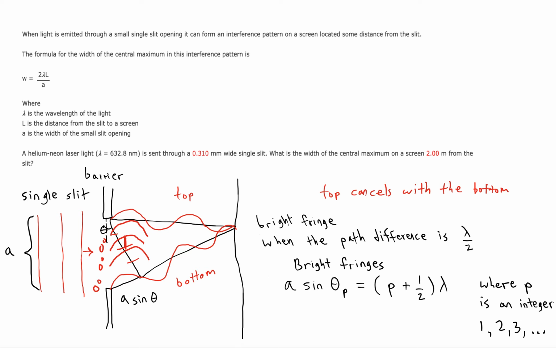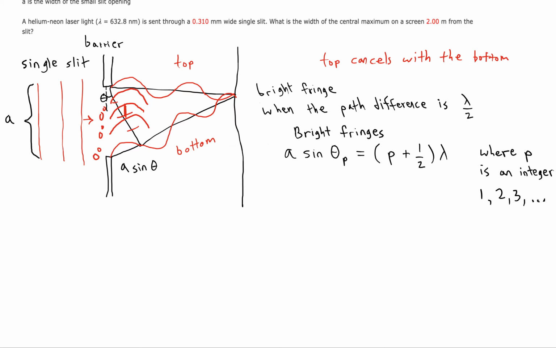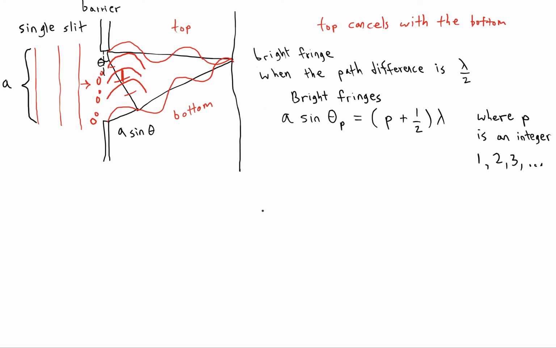So what would cause dark fringes? Well, let's look at our barrier again. And we'll draw our path lengths.